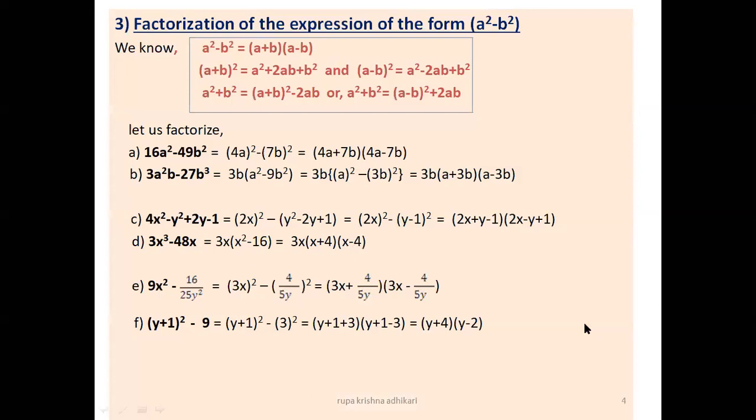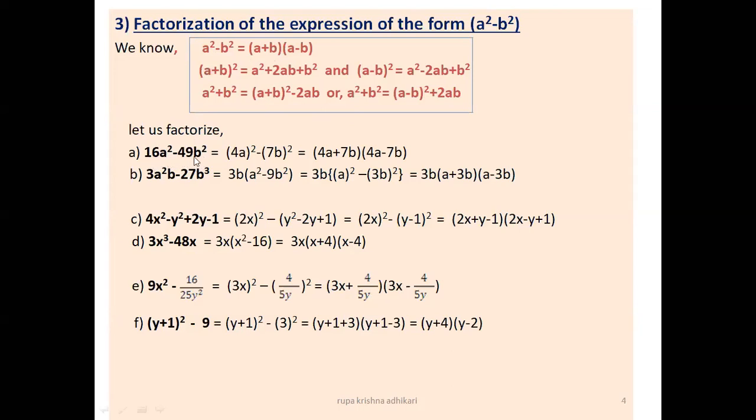Now the third expression is of the form a square minus b square, and we have already learned what the factors of a square minus b square are: a plus b and a minus b. So you can directly use this formula and try to factorize. Other respective formulas are also given here, which may help you in further factorization. Let us go for an example, 16a square minus 49b square.